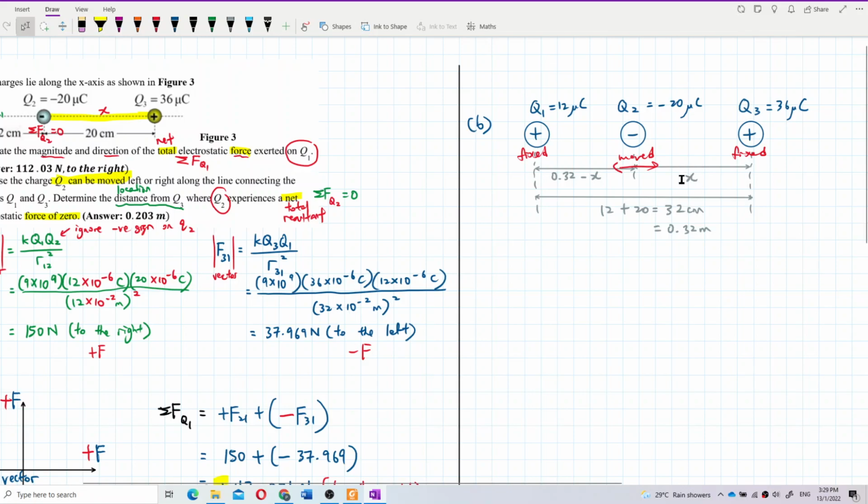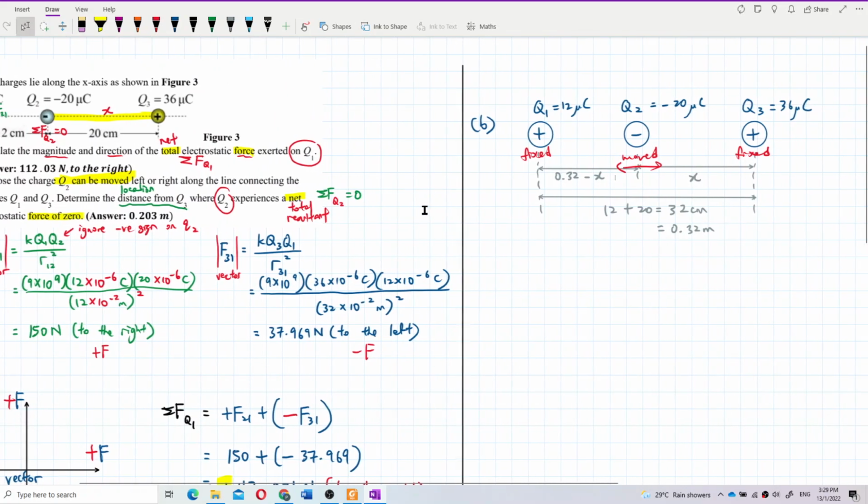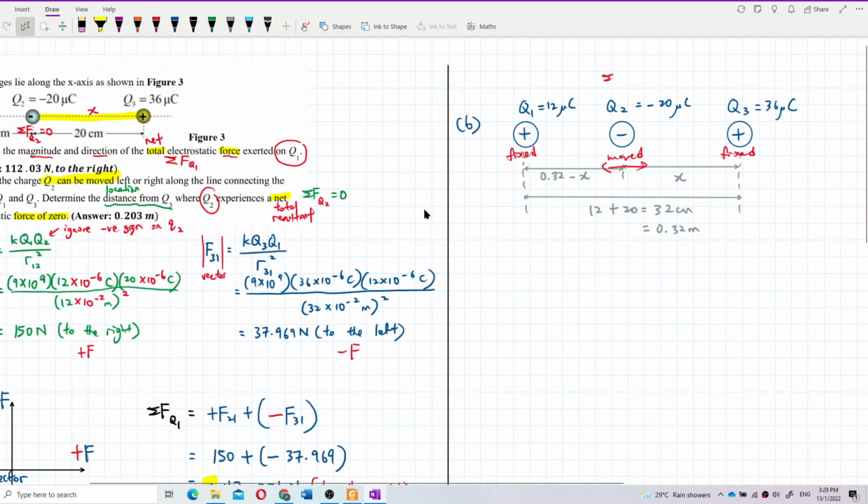So what is the distance x when the net force on Q2 is 0? That means I want to find where the net force on Q2 is 0. So our focus is only on Q2. Understand? If the forces are only on Q2, you just need to draw the forces on Q2.